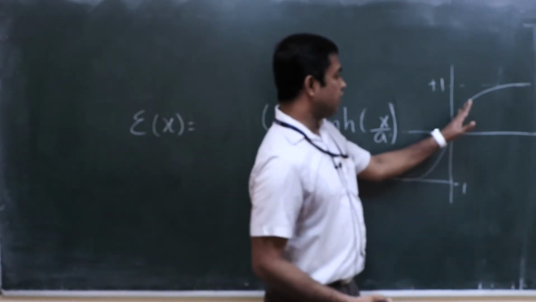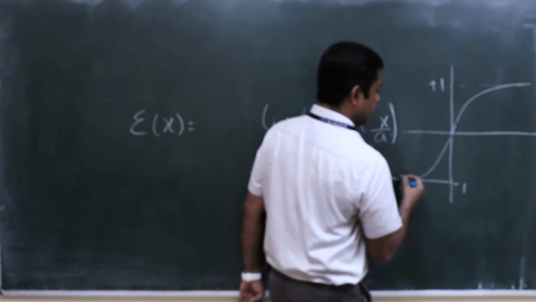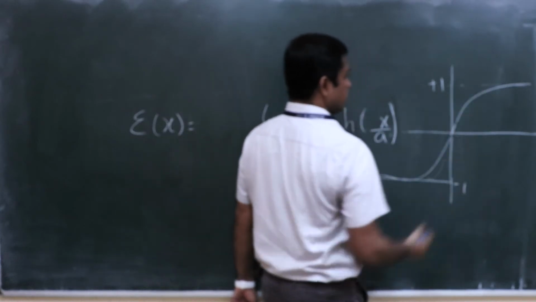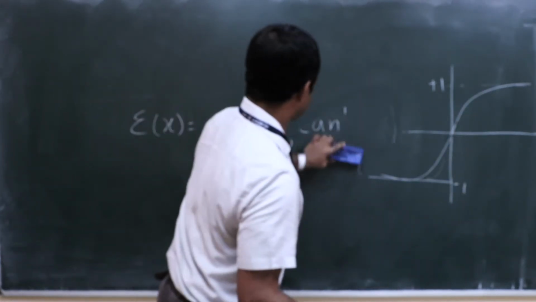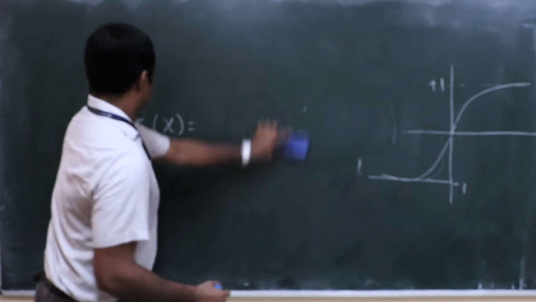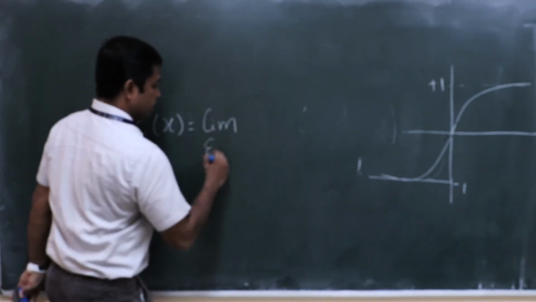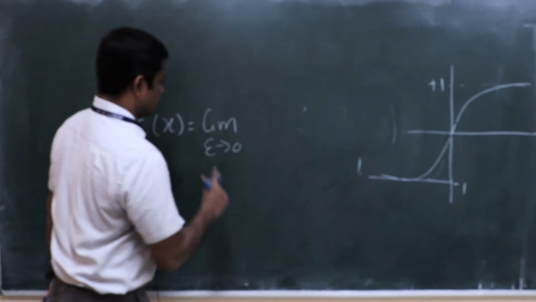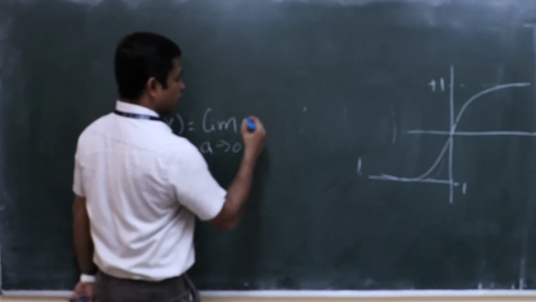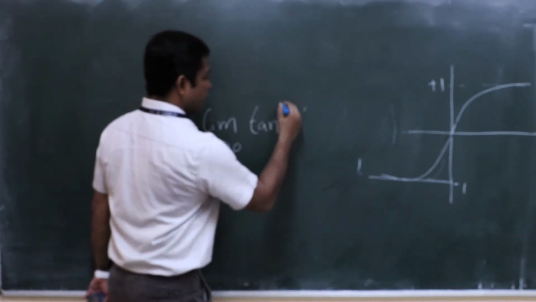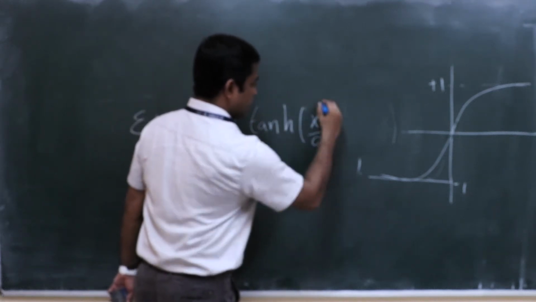The slope will keep on increasing and this function will become epsilon of x. So the relation between the epsilon of x and the tan hyperbolic x is, I can put a tends to 0, tan hyperbolic x divided by a.